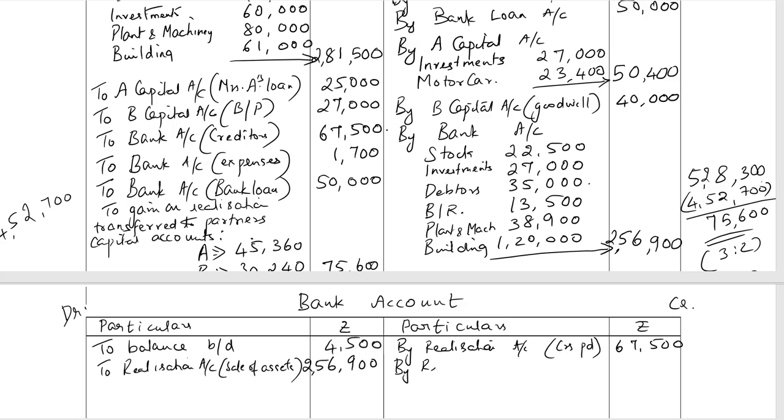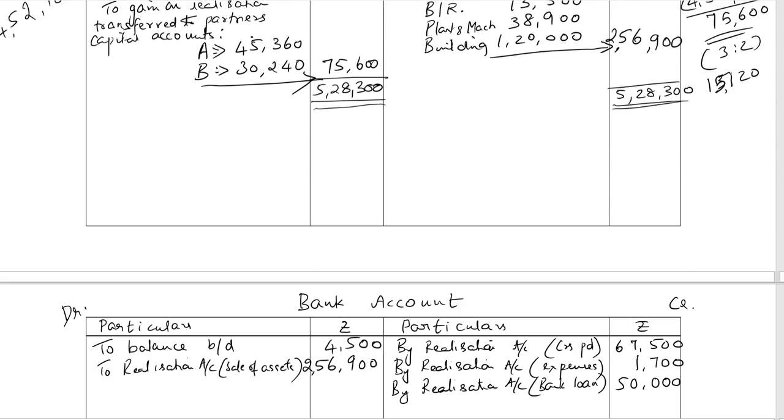By realization account, for expenses paid, 1,700 rupees. And by realization account, payment of bank loan, 50,000 rupees.